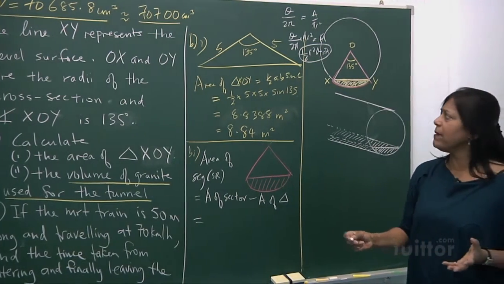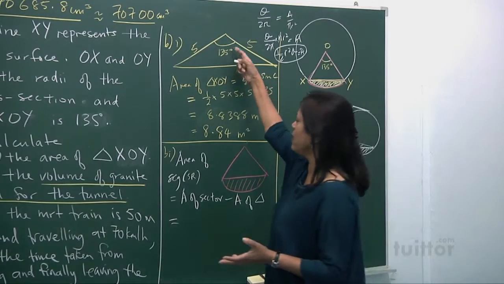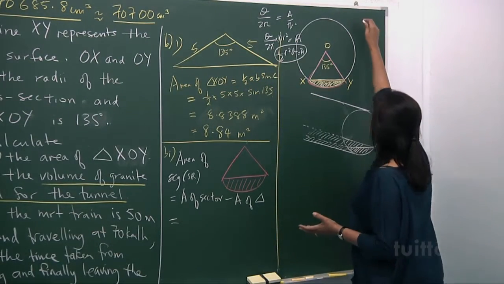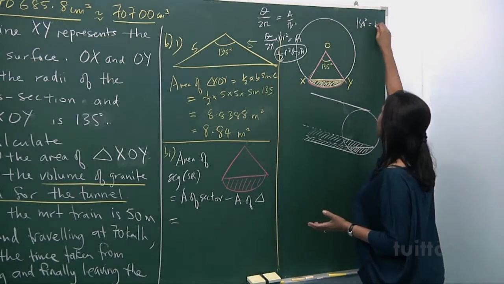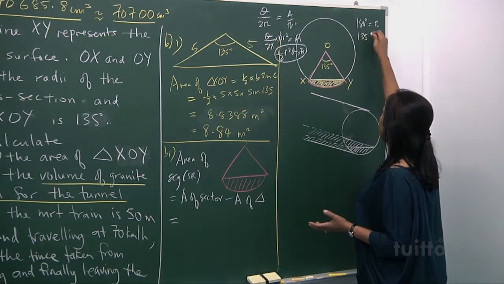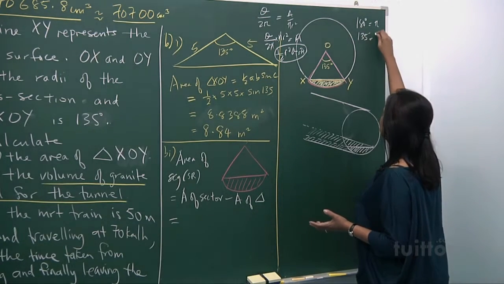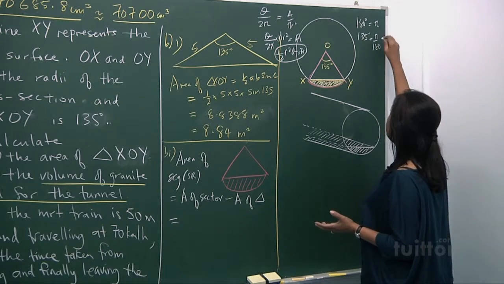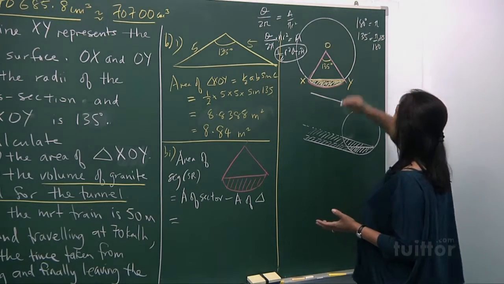And is it a problem? No problem, because we know that 180 degrees is pi. So what is 135? 135 degrees is pi over 180 times 135.